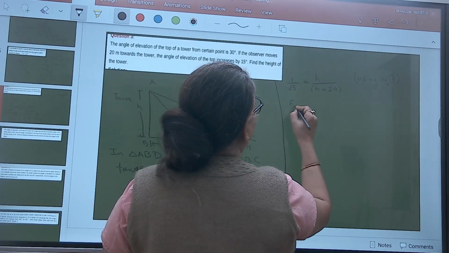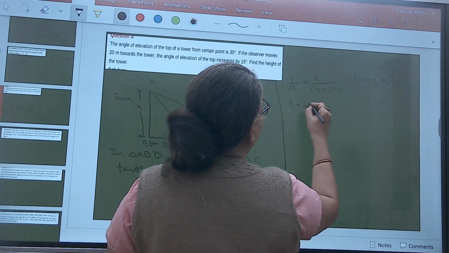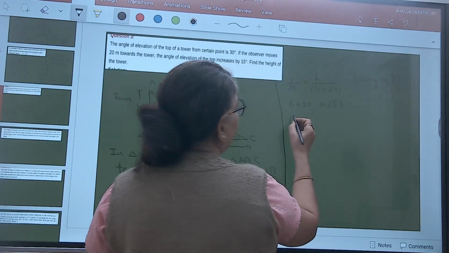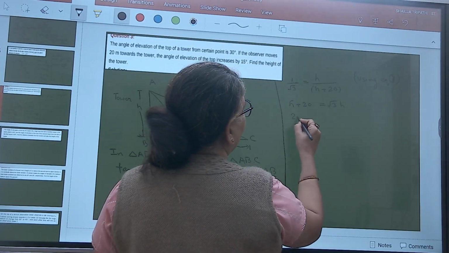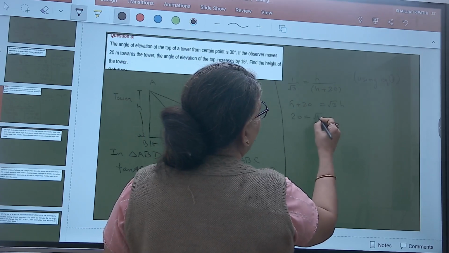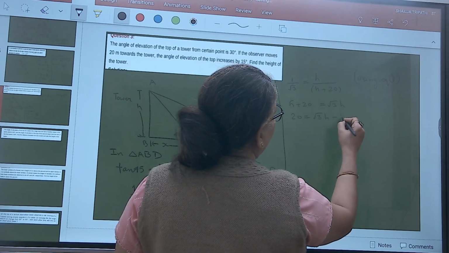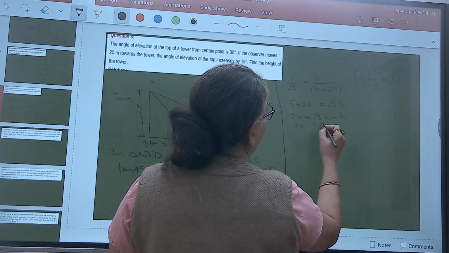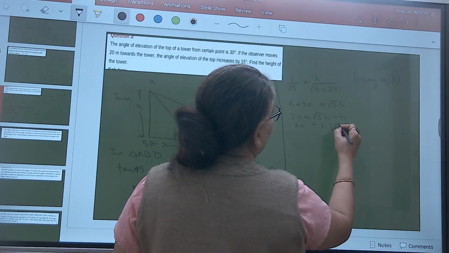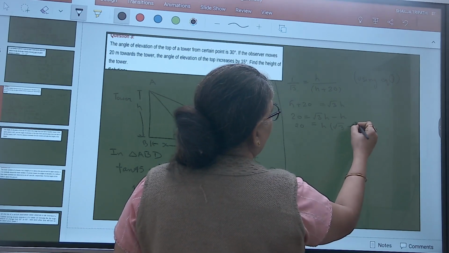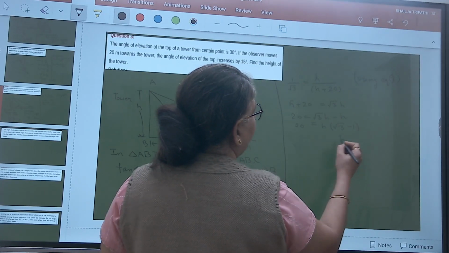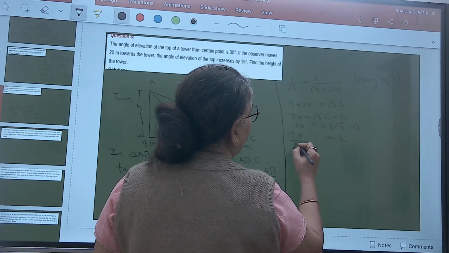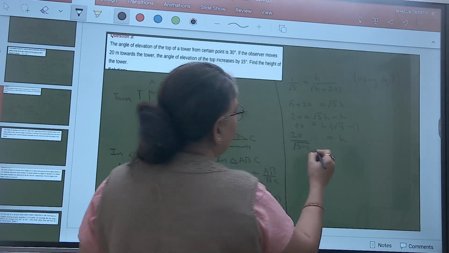So we get h plus 20 is equal to root 3h, or 20 is equal to root 3h minus h. That is, 20 is equal to h times root 3 minus 1. On transposing, we'll get h equals 20 upon root 3 minus 1.